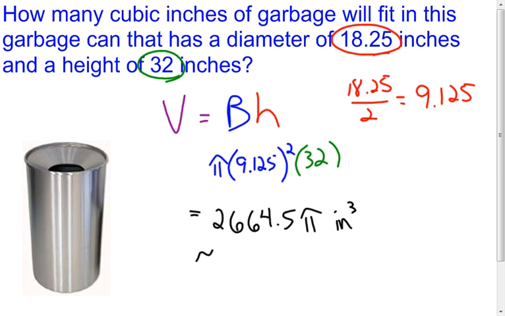Now if I wanted the approximate, then I just need to multiply that number by pi. And when I do that, I end up with 8,370.77 cubic inches. And I used the pi button on my calculator when I did that. So that would be the volume of my cylindrical can.